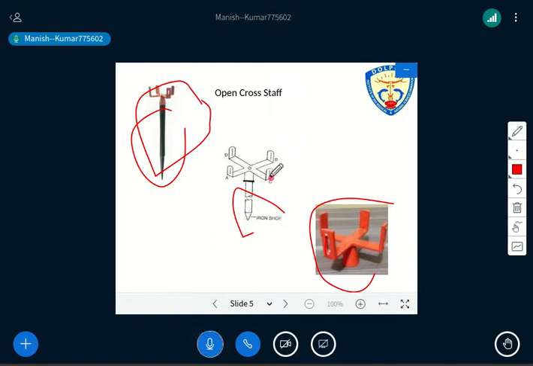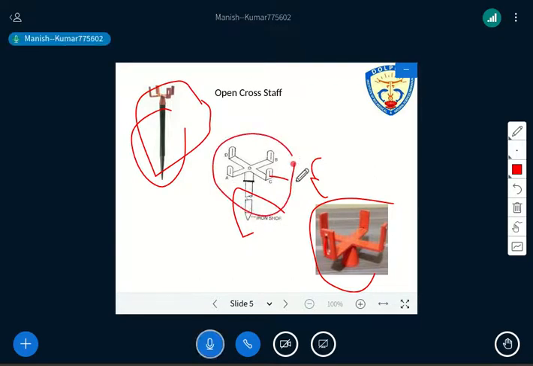One slit is called the eye vane, and the other slit acts as the object vane, right? These are the vertical slits through which we are able to draw the offset, and offset means the perpendicular distance from the baseline to the feature. Whatever the feature we have, we can draw the offset using this cross staff.